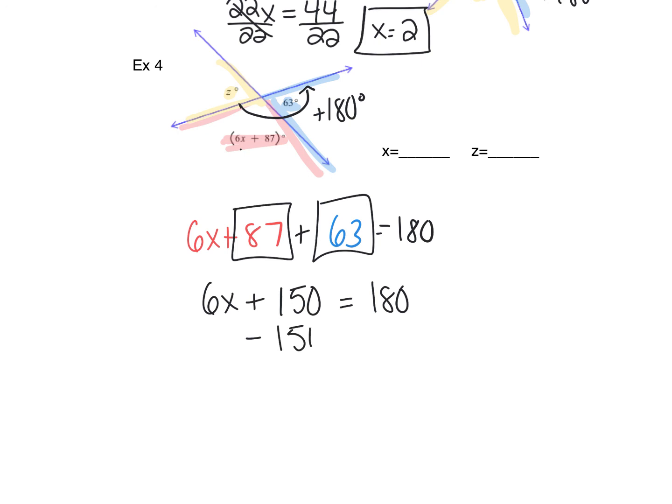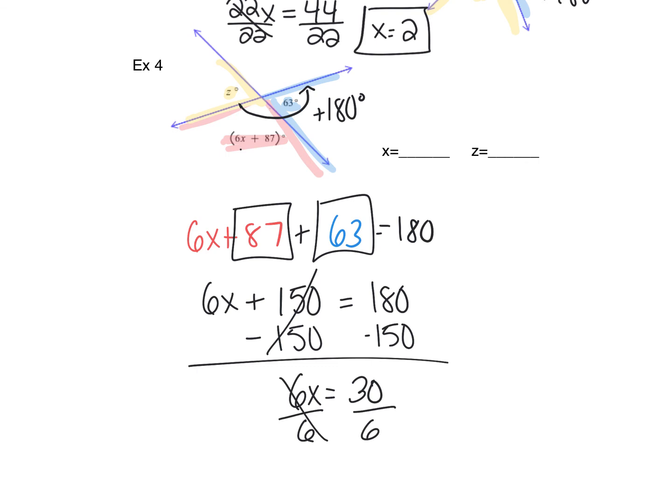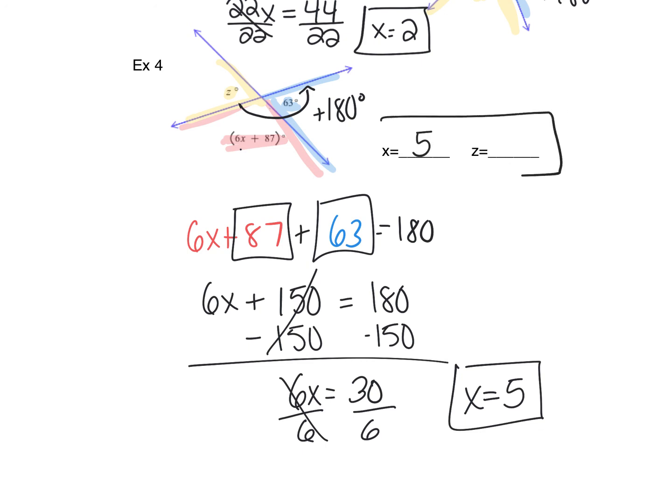Next step would be to take away the 150 from both sides. And we're left with 6x is equal to 30. And last step would be to divide both sides by 6. And x is 5. There's my value of x. So my x is going to be 5.